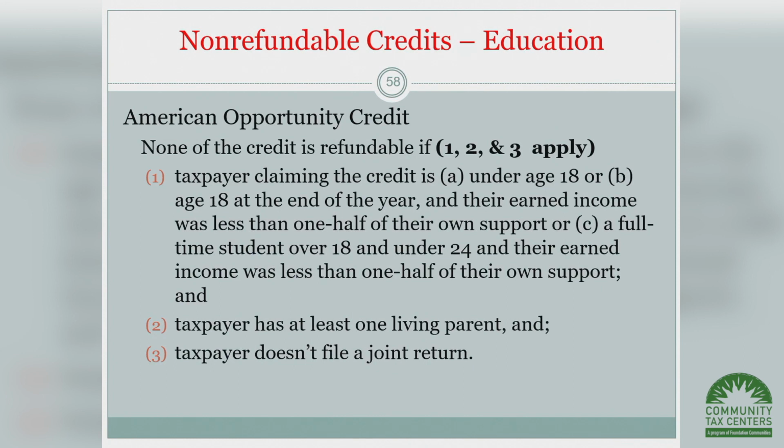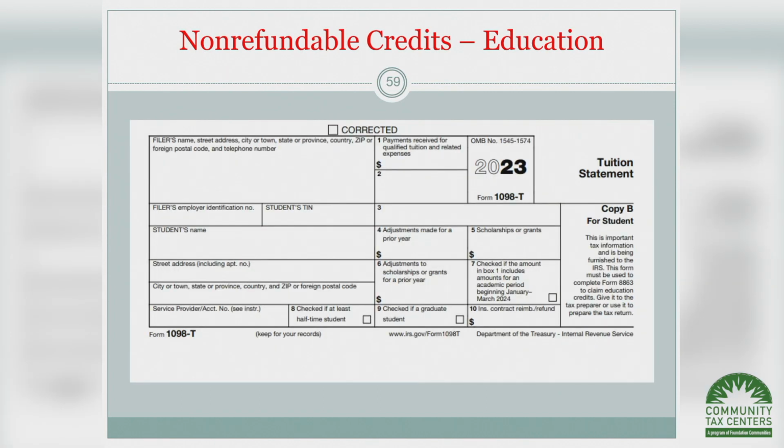Taxpayer has at least one living parent, or taxpayer doesn't file a joint return. So those are some of the qualifications. Let's see if they have the others. There are some more questions that ask if you had a felony conviction, you're not allowed to have it, and things of that nature. So this is what your 1098-T looks like.